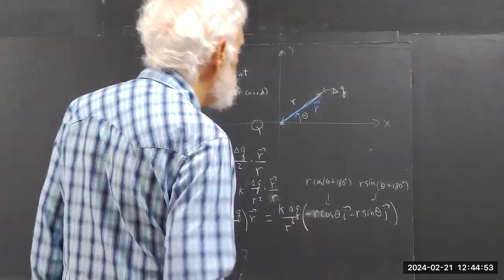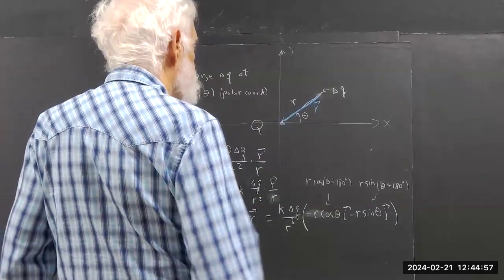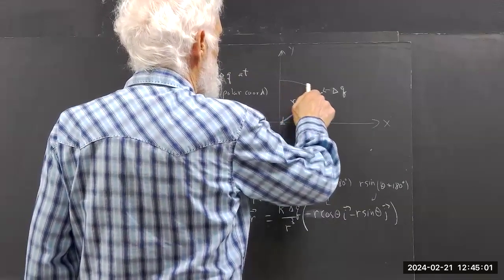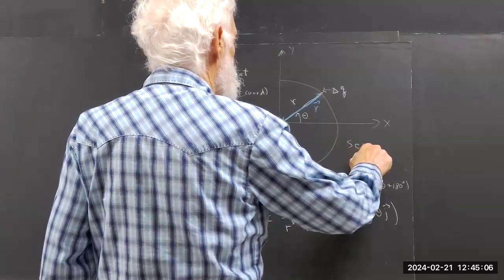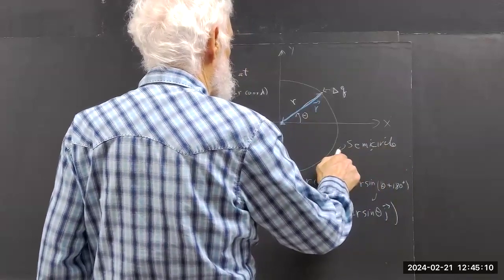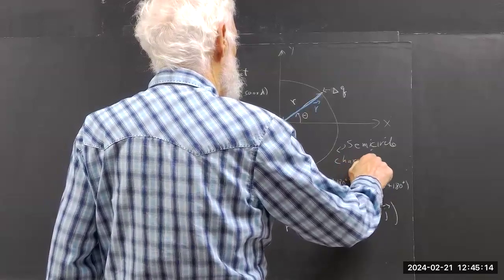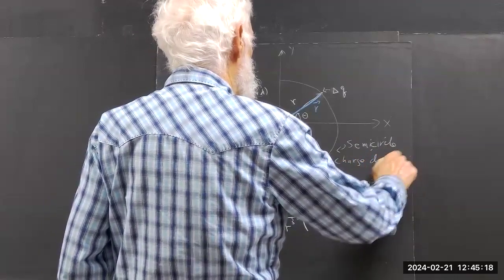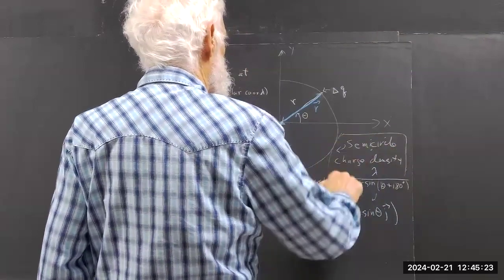we're going to use this. And now calculate, here's a semicircle. And it's got a charge density lambda.